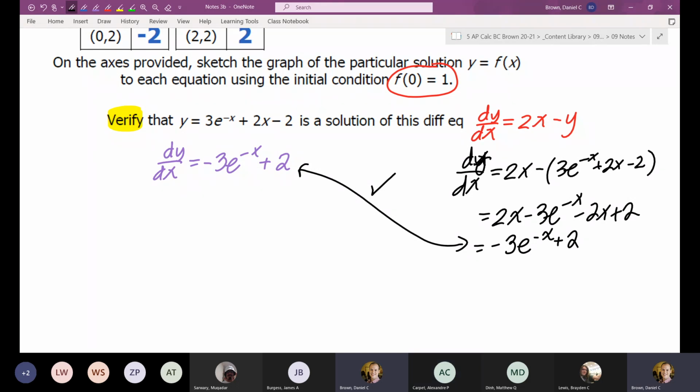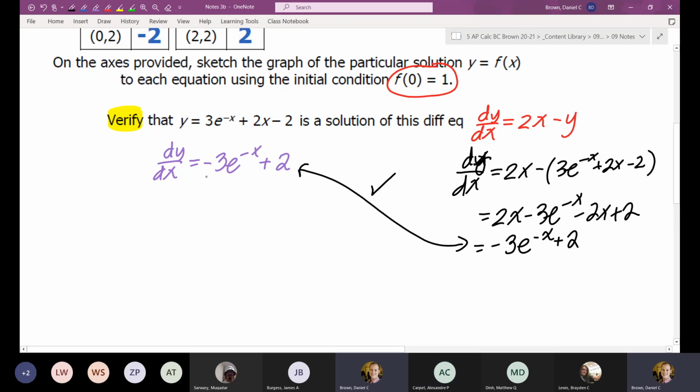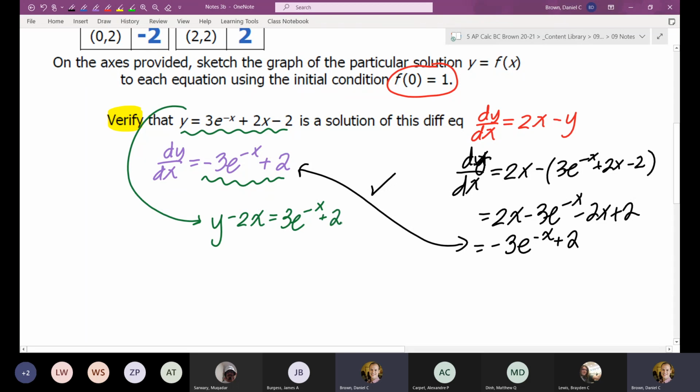Mr. Brown. One way to do this, and I'll take questions. Again, not everyone does it this way, but people will see this dy dx and say, hey, that looks kind of close to that y up there. And you could do some weird substitution where if I subtracted that 2x, and then end up doing minus, try it again.